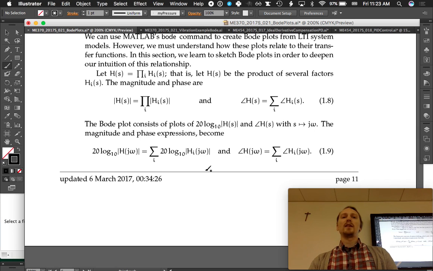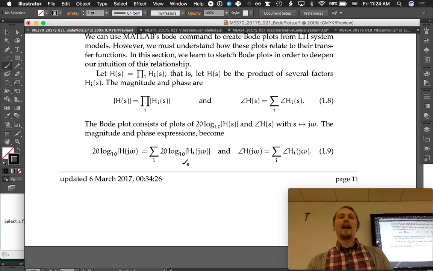The magnitude and phase expressions become, so what's nice is, the phase is already a sum, right? We want a sum, and it's already a sum, so we're good. If we take the dB version of the magnitude, it ends up summing too. Remember, it's a log property, so that's convenient.